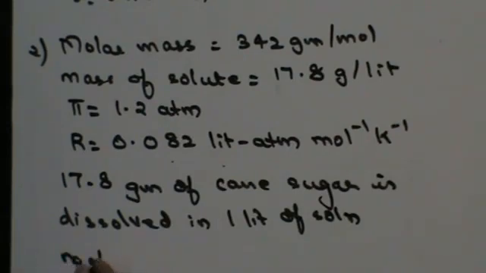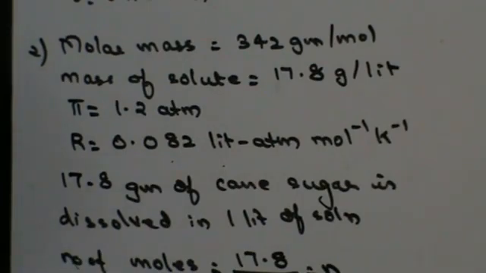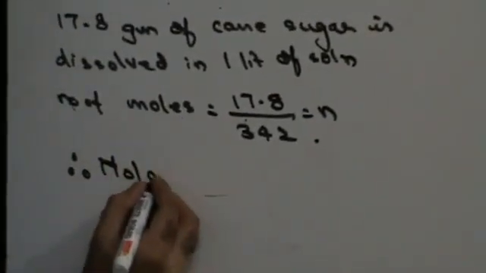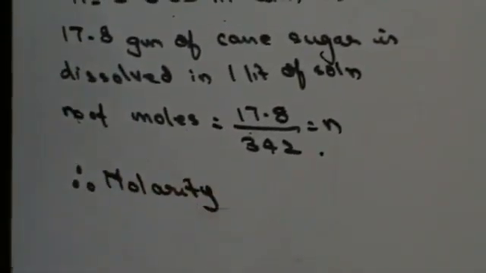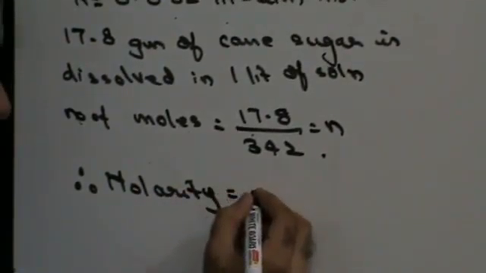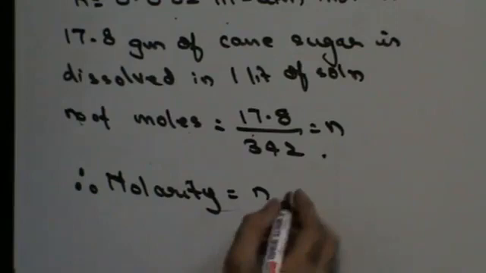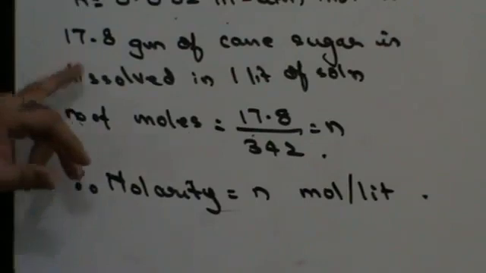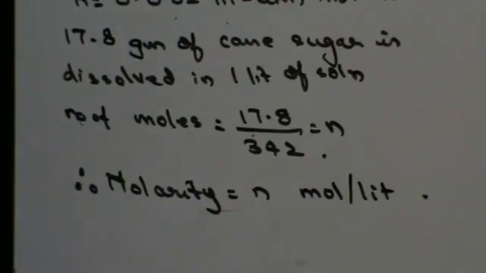Number of moles is nothing but weight upon molecular weight. 17.8 upon molecular weight 342. So I'll get the value of n from here. Hence, I can say that the molarity is going to be so many moles per liter, because that was the amount of cane sugar that was dissolved in 1 liter of solution.